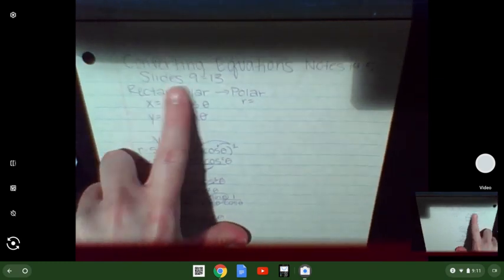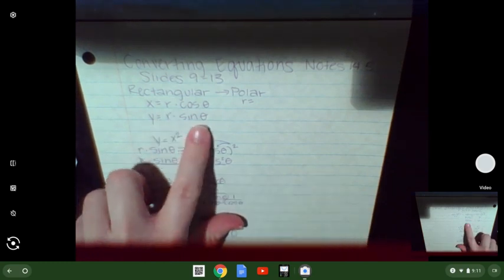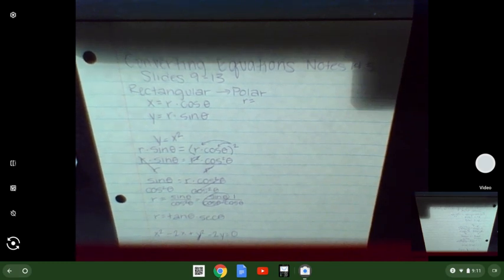So again, the key, having these equations handy all in one place next to you somewhere would be really, really great. We want to get rid of all of our x's and y's, and we want to change those x's and y's to r's and thetas.